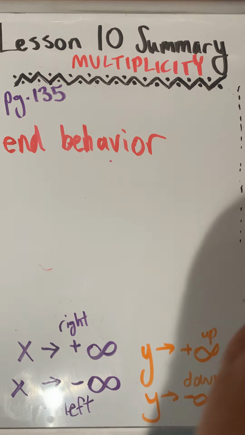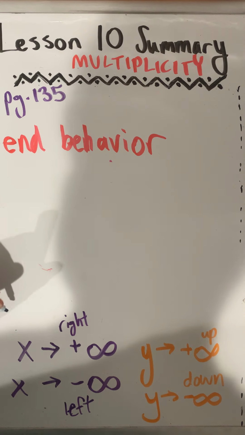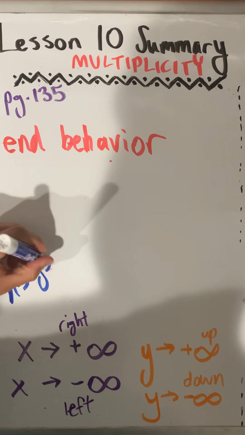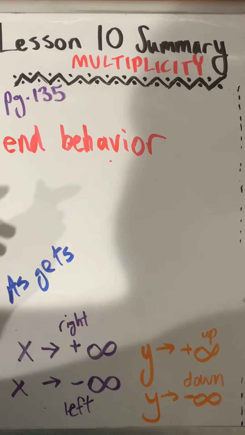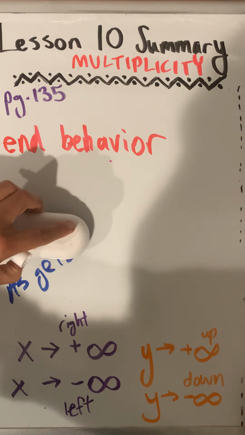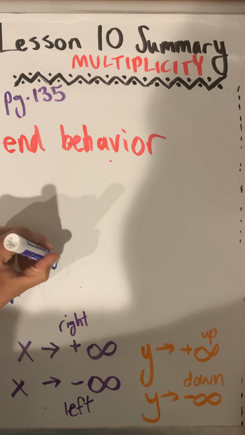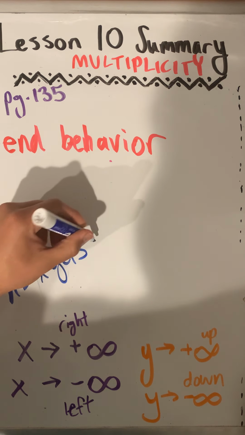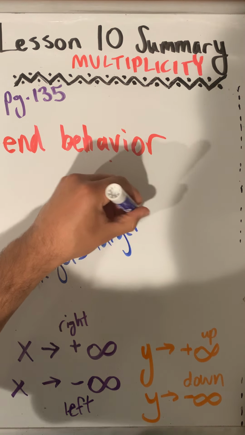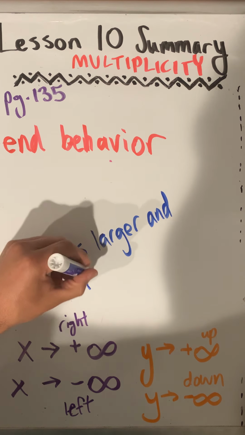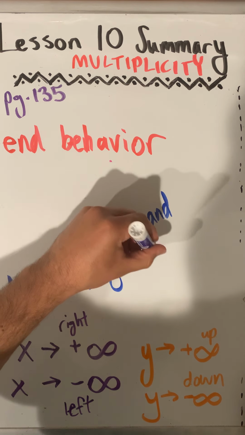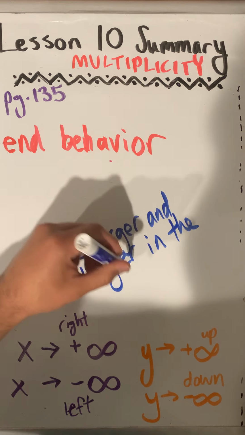And in the book, you're gonna see that they say as x gets larger and larger in the positive direction.